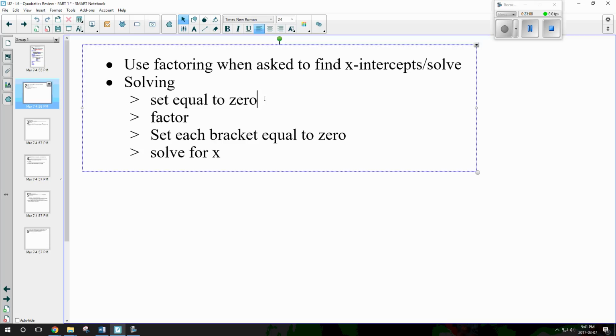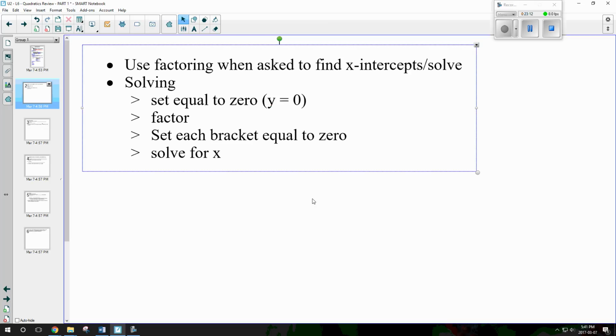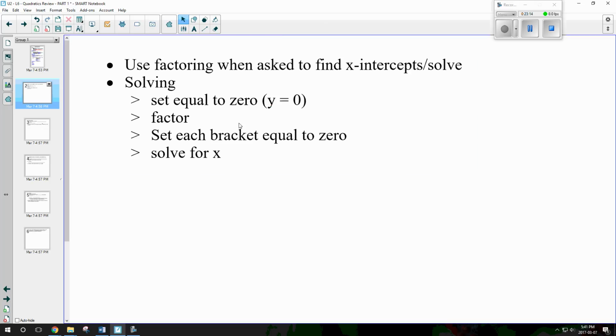That often means that we're setting y equal to 0, because to find an x-intercept, remember, that means that y has to equal 0. Once we've set it equal to 0, then we factor using one of our factoring strategies that we just talked about. Once we're finished factoring, we set each bracket equal to 0, and then we solve for x in both of our cases. So let's quickly take a look at an example.